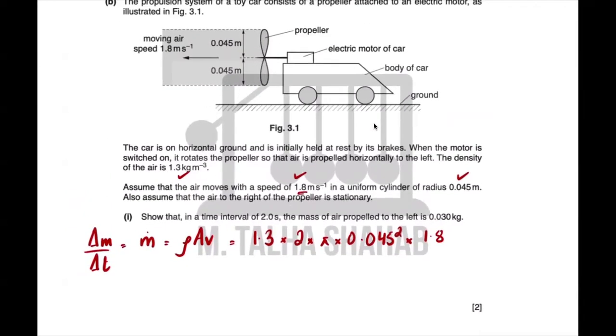Another way you can think about this is that using rho A v I have found the mass that flows through in 1 second. Because this is a mass per unit time, this is just the mass flowing in 1 second. So the density multiplied by the volume in 1 second: this is the area corresponding to that circle, and in 1 second it would cover this length of 1.8 meters according to what the speed means.